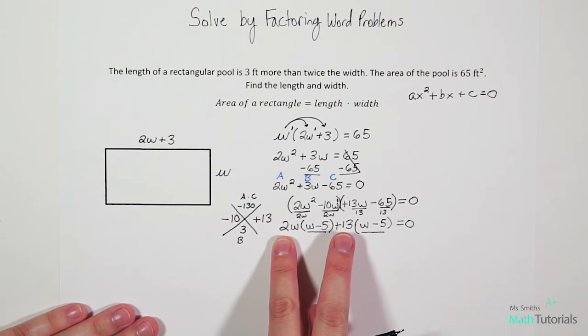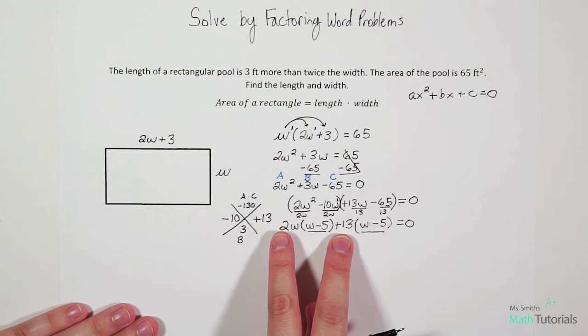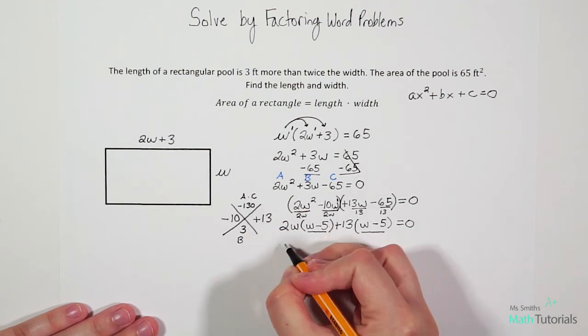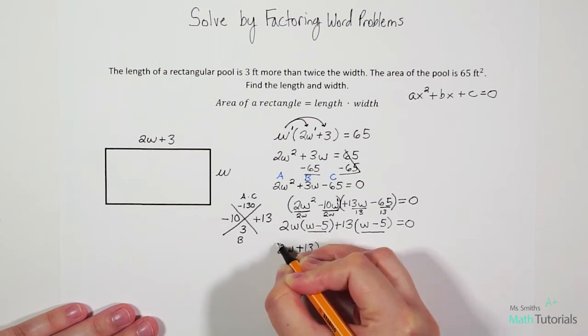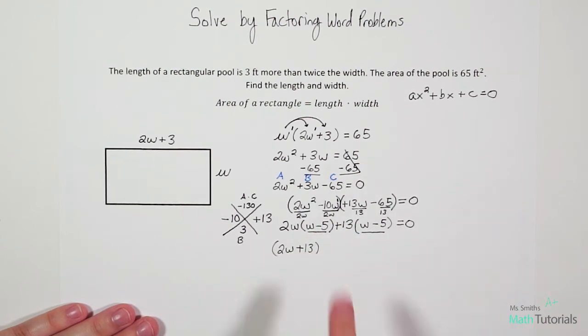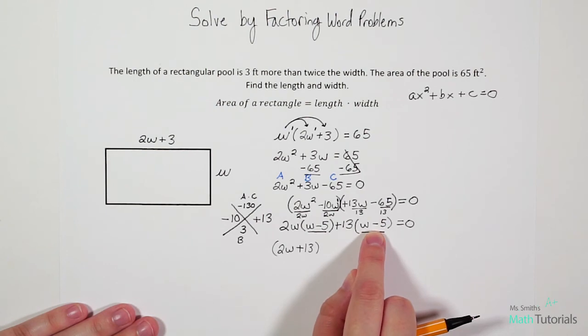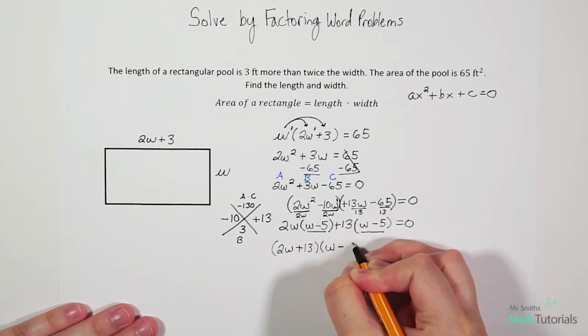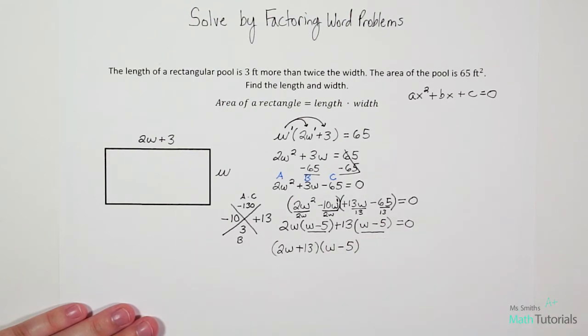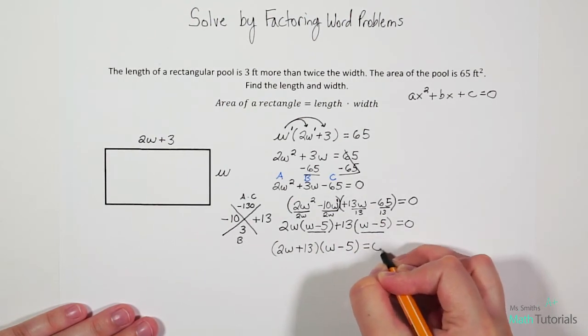So we see that's 2W and positive 13. That's going to be our first parenthesis set: 2W plus 13. Now our twins, W minus 5, we're just going to take 1 twin, and that's going to be our second parenthesis set. And then we still have our equals 0.